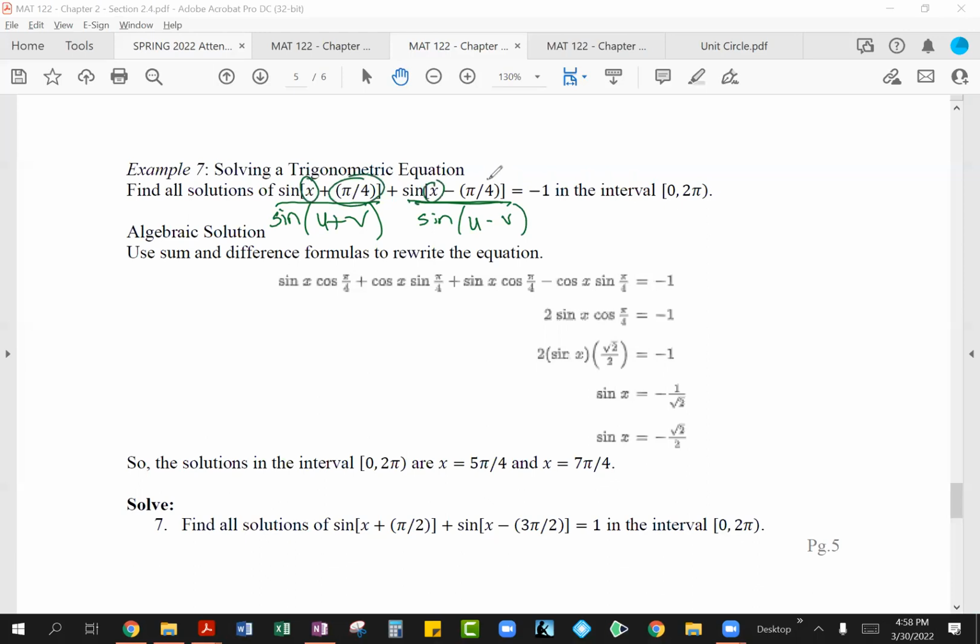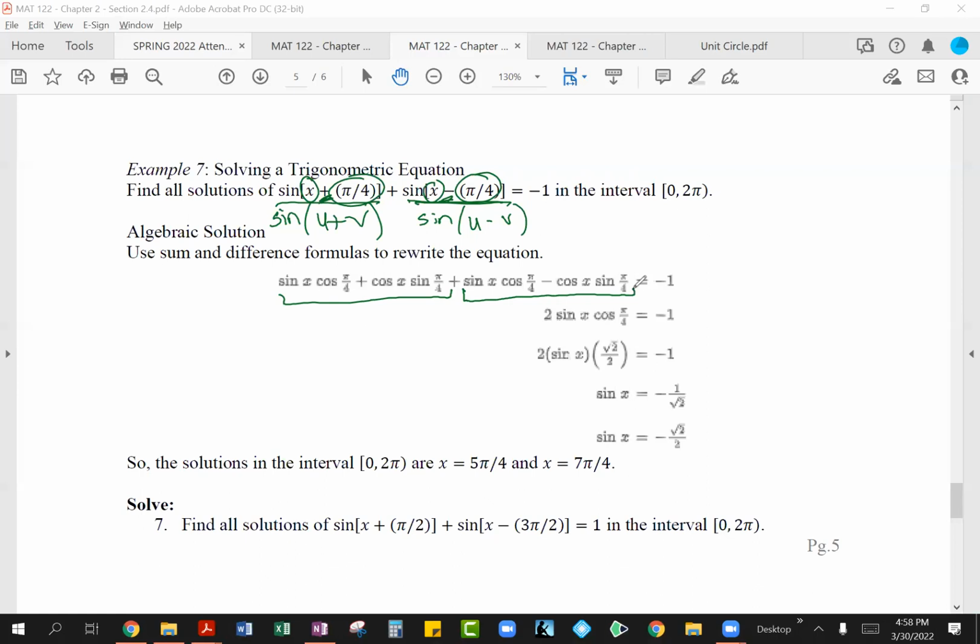They're both x and they're both pi halves. You just have a plus sign here and a minus sign here. So for this first part, this is coming from the sine of u plus v formula, and this is coming from the sine of u minus v formula.